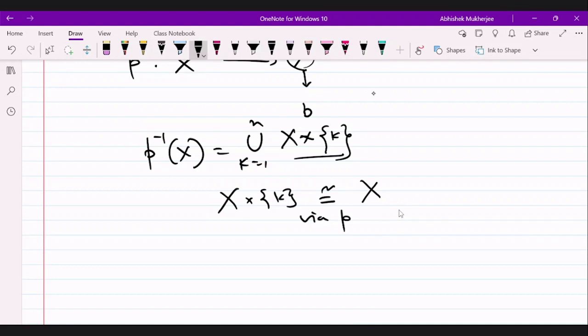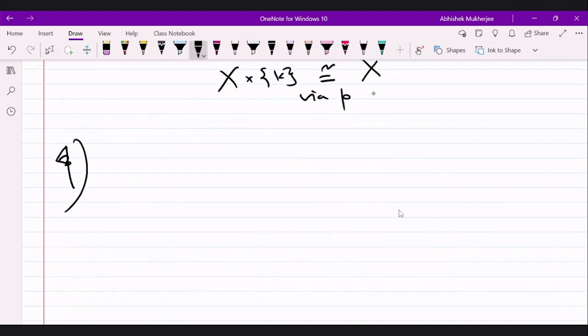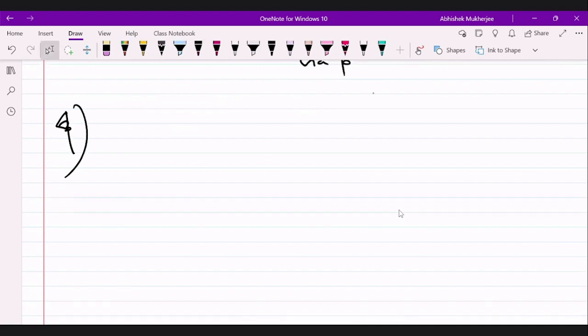Another example, number 4, would be: suppose you take a plane and a right circular cylinder, an infinite cylinder.